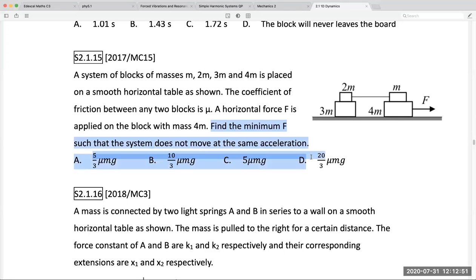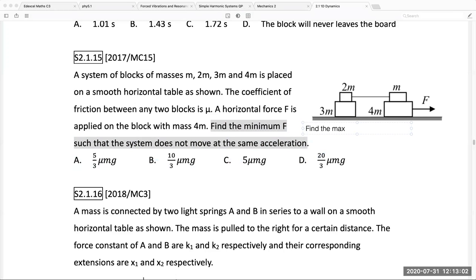Actually, we can rewrite the question. We can say, find the maximum F such that they all move with the same acceleration. You should understand these two statements are actually equivalent to each other. So these two questions are actually the same.